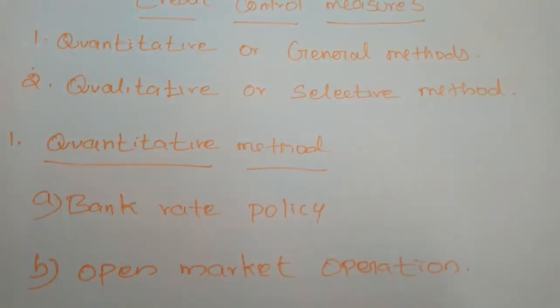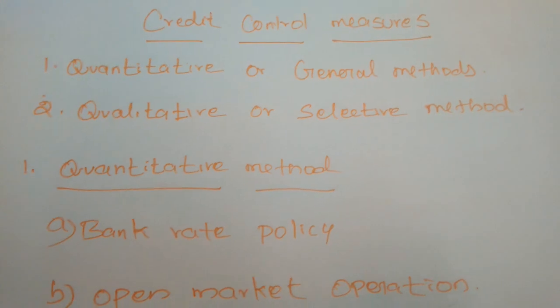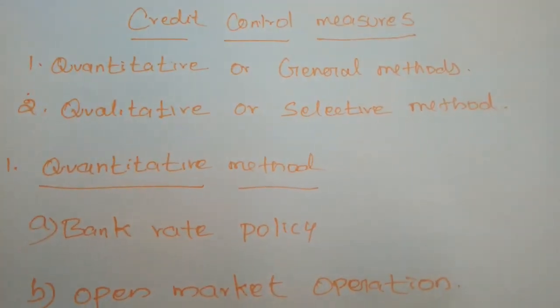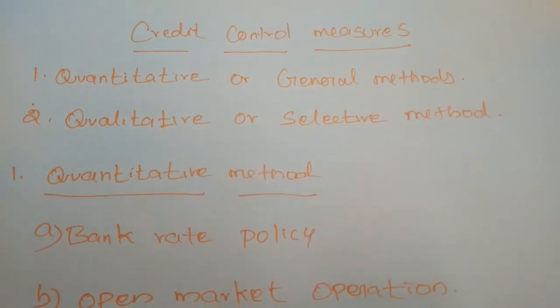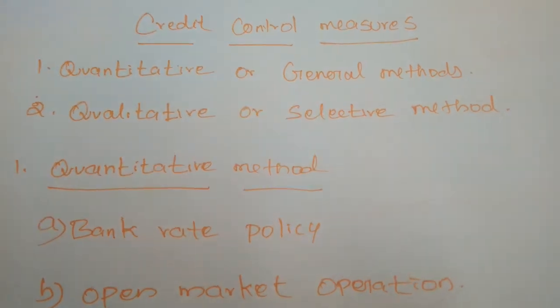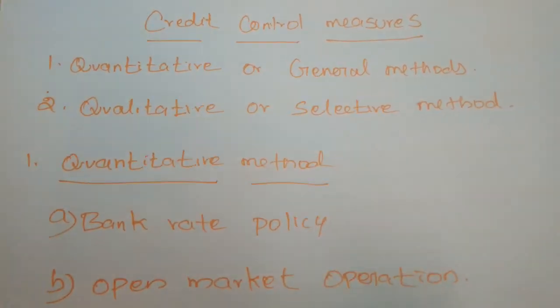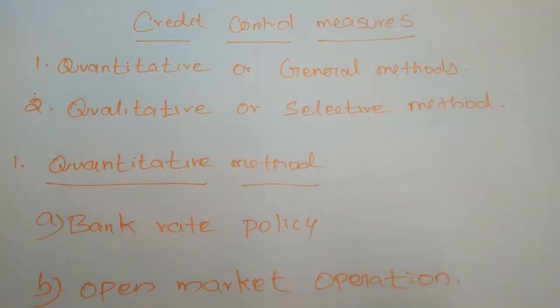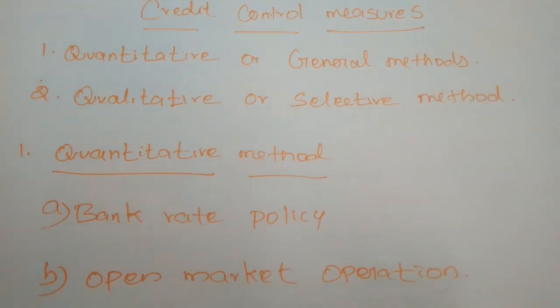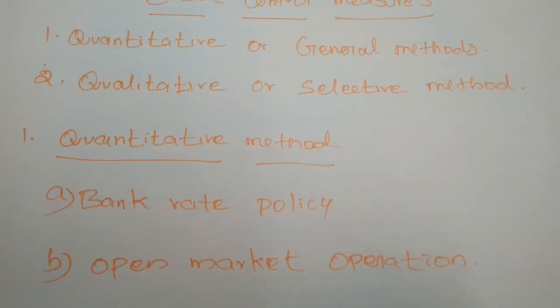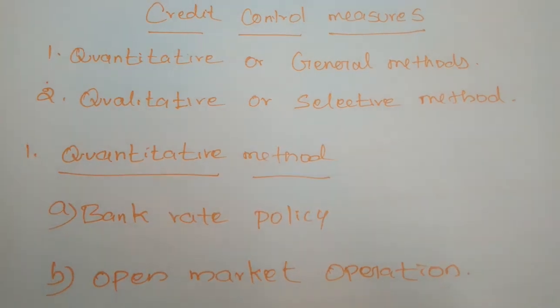Here, in two ways we can control the credits. Two types of measures are taken by the Reserve Bank of India to control credit. The first one is the quantitative or general method. The next one is the qualitative or selective method.